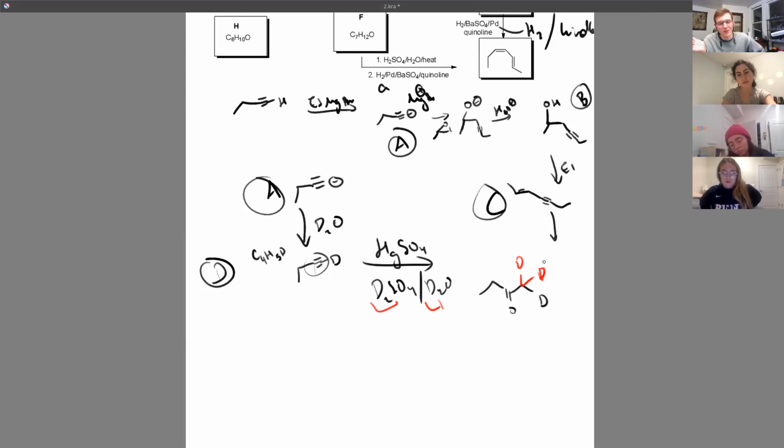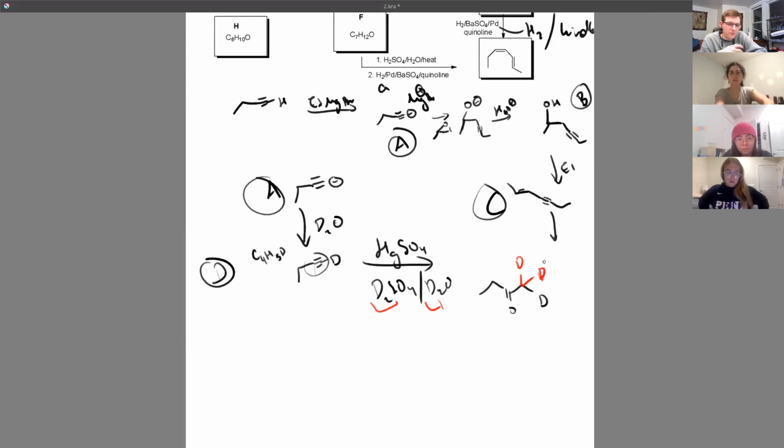Sometimes it would be hydrogen, sometimes it would be deuterium. You'd get a whole mixture, and you can't really say for sure. But anyway, you can't use hydrogens and deuteriums at the same time, but this works.